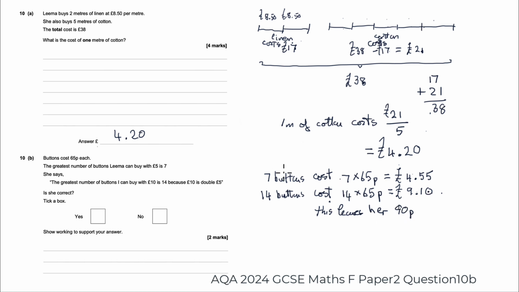However, a button costs 65 pence. So she can afford 1 more at 65p. That would actually leave her 25p. So she's wrong.